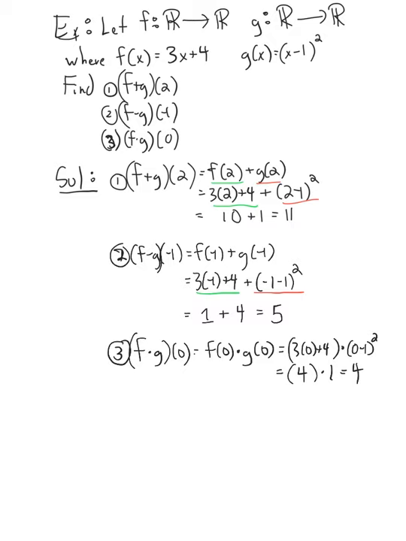And just a quick note, sometimes rather than seeing a dot, you'll see an actual times symbol. Or you might just see fg like that with no symbol in between them, just like you would for multiplication. So you'd see all of those things. And then maybe let's do kind of a fourth example.